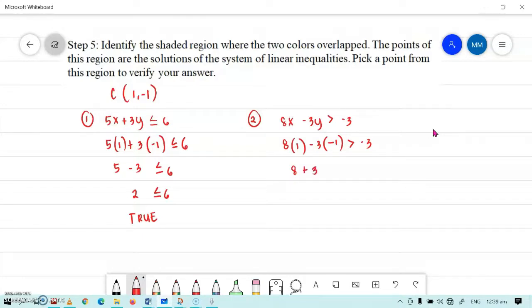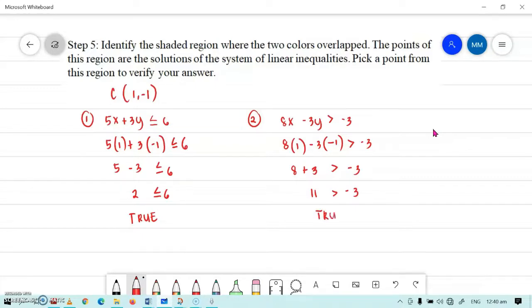So 8 plus 3 is 11, greater than -3. And 11 is really greater than -3, so meaning to say, point C also satisfies the second inequality.